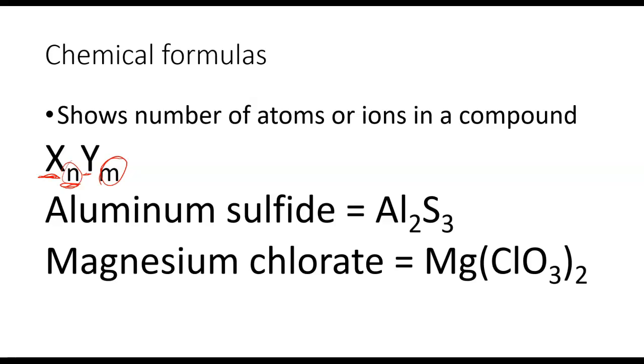In this example, we have X subscript N Y subscript M, where N is the number of X atoms or ions, and we have M of the Y atoms or ions.